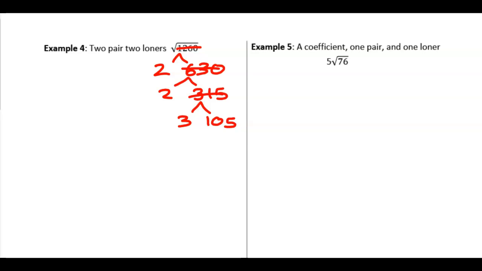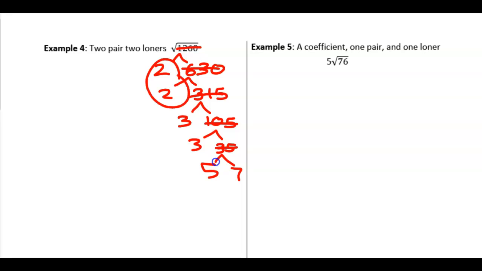If you didn't know that, you could divide it, right? You could do 315 divided by 3 and get 105. Okay, now 105. Some of y'all want to jump to 5, but before you try 3, does 3 go into 105? What do you think? Okay, 3 times 35. All right, 5 and 7 multiply to make 35, right? Now, what pairs do I have?